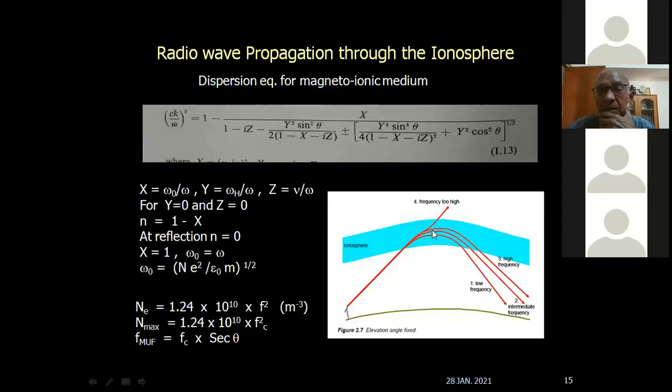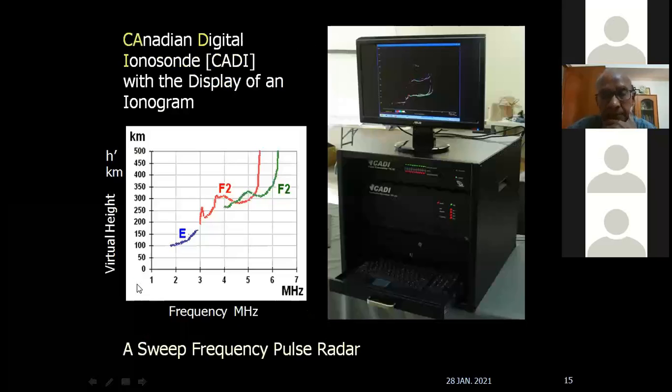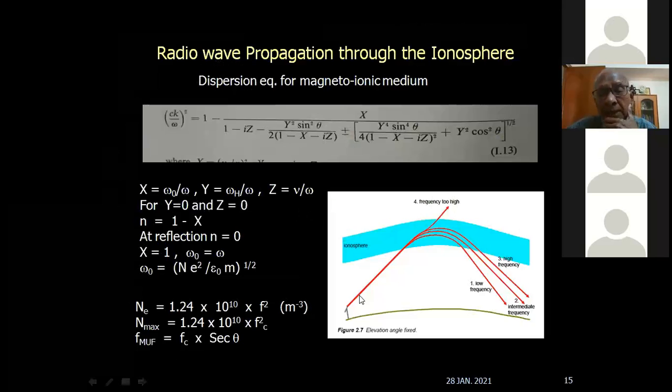As you increase the frequency, it gets reflected at a level where its frequency is equal to the plasma frequency, and the plasma frequency is related to the electron number density. So the square of the electron number density is proportional to the plasma frequency omega 0, the angular plasma frequency, where the plasma frequency is equal to the angular frequency of the radar signal. That is where the signal gets reflected.